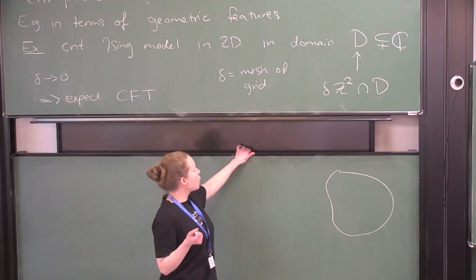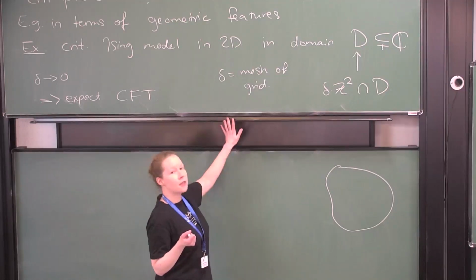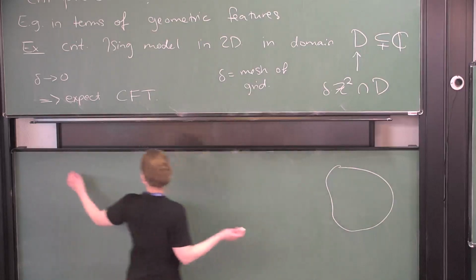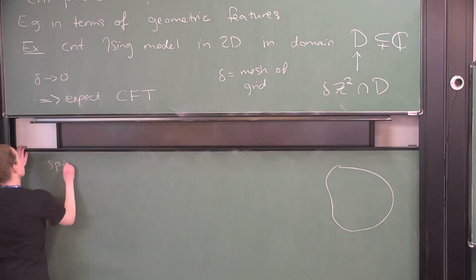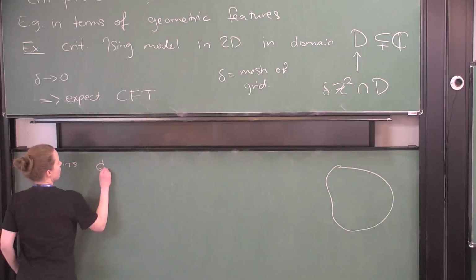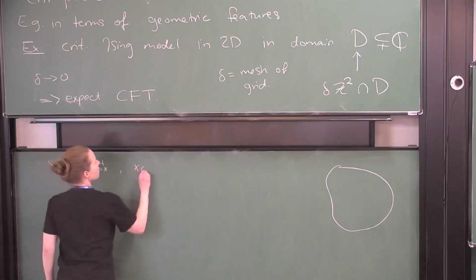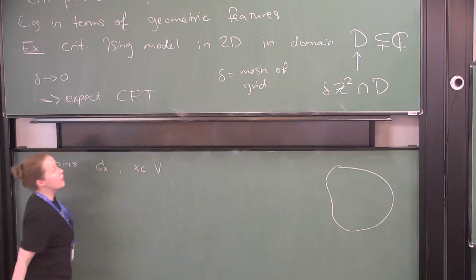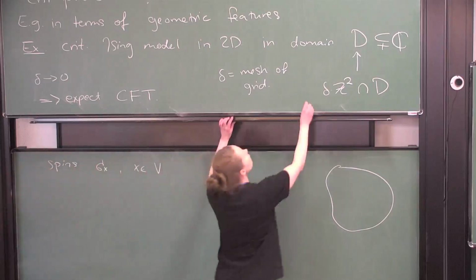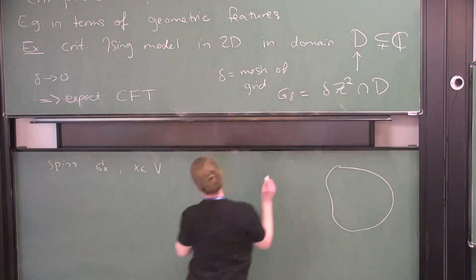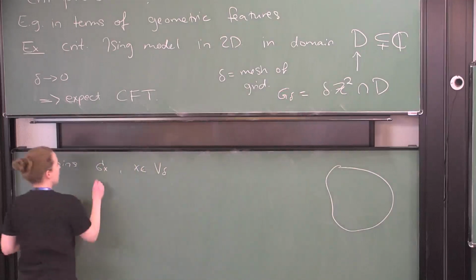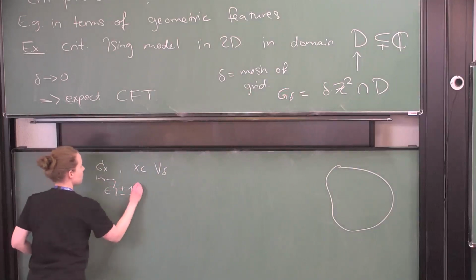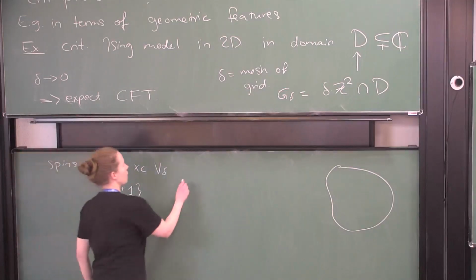But one possible approach is to look at interfaces between spins. So let's say we have spins, right? Let's say sigma x, on vertices of this graph. Maybe I should call it G delta. And this takes values in plus minus 1, right? And there's some interaction, which is the Ising-Gibbs measure.